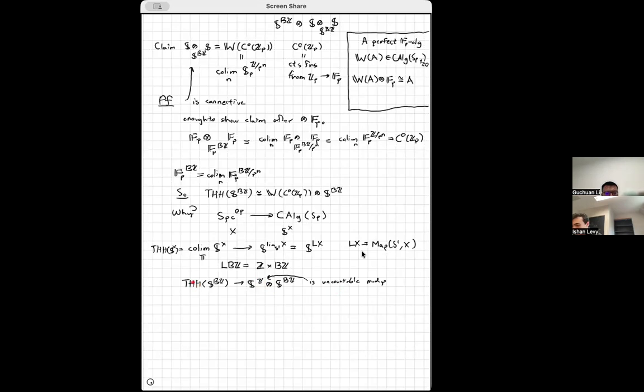Whereas because THH is built from tensor products, which only use colimits, or maybe countable colimits, this thing has to be countable mod p, so it had better be something more like continuous functions as opposed to all functions.